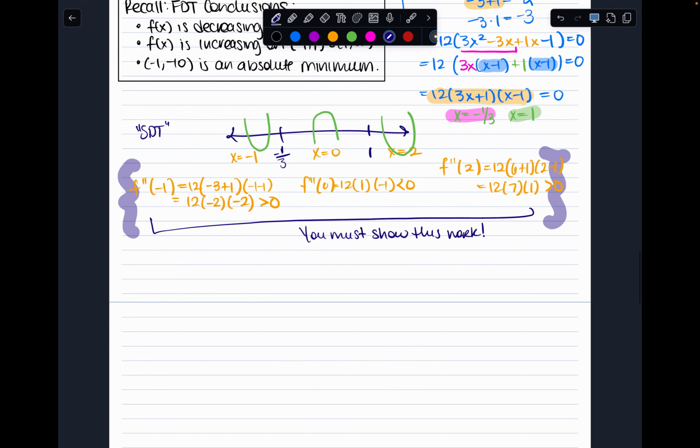Once you show this work, you'll draw the conclusions: at -1/3, f of -1/3, and at 1, f of 1, there are points of inflection. Please go calculate out these values.